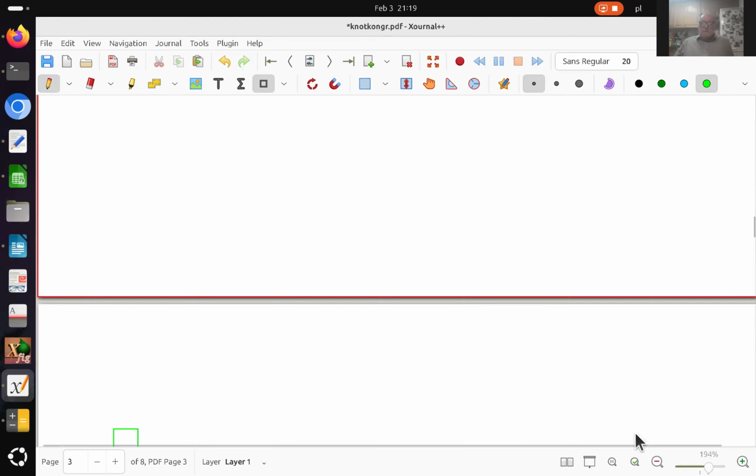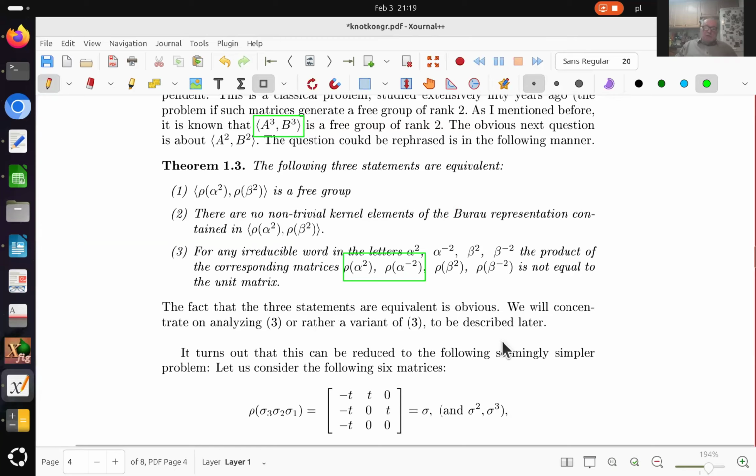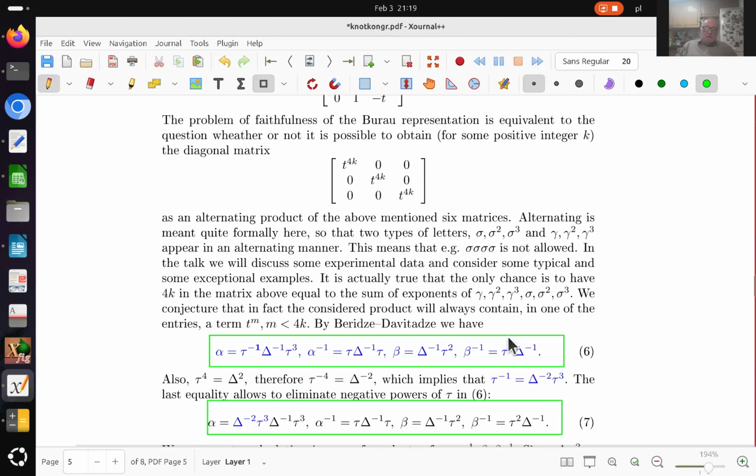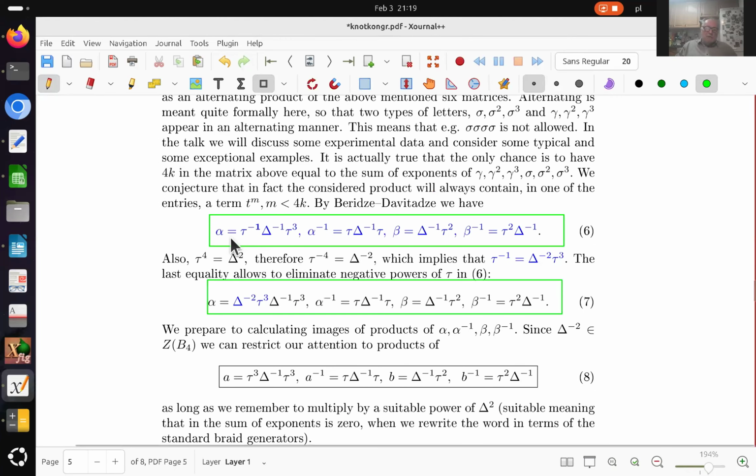So when you have a word in A and B generators and you want to recover this notation for alpha and beta, you can do it very easily just by multiplying by delta to a suitable power that will assure that the sum of exponents of the standard generators becomes 0.